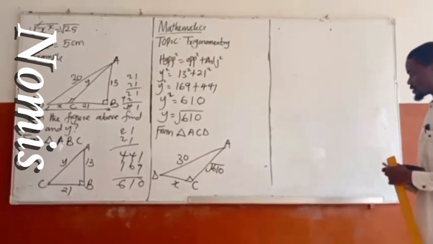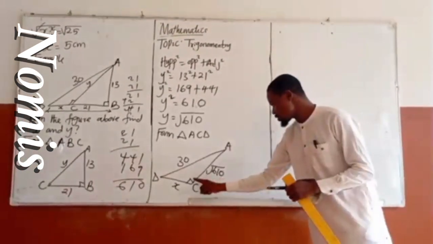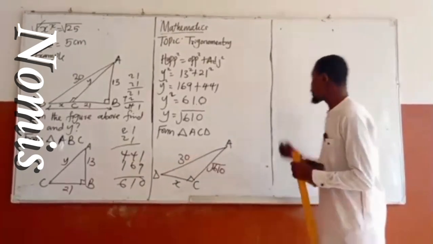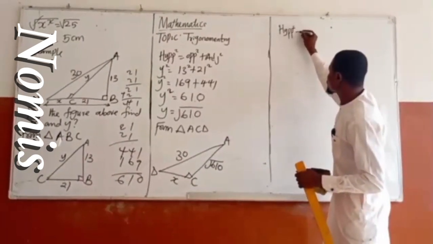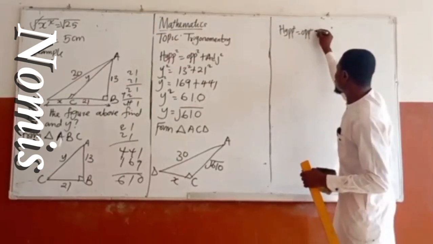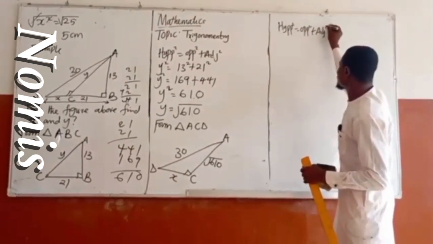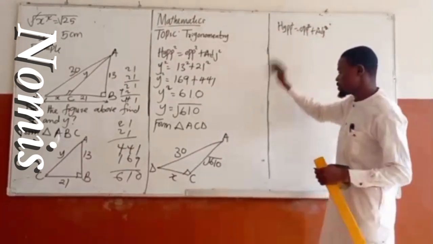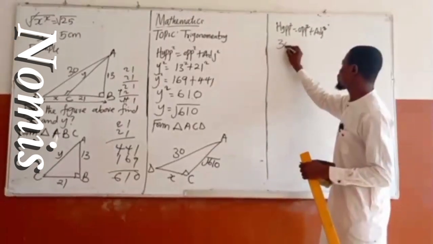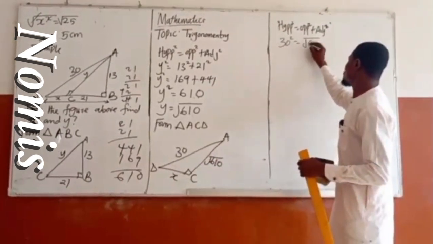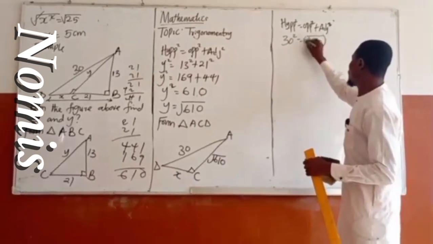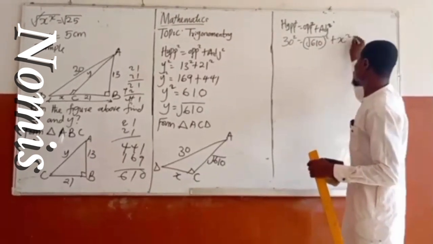So how can we solve this? The hypotenuse is very visible here. We still use Pythagoras theorem. Hypotenuse squared is equal to opposite squared plus adjacent squared. Hypotenuse is 30 squared. Opposite is the square root of 610 all squared, plus adjacent is x squared.